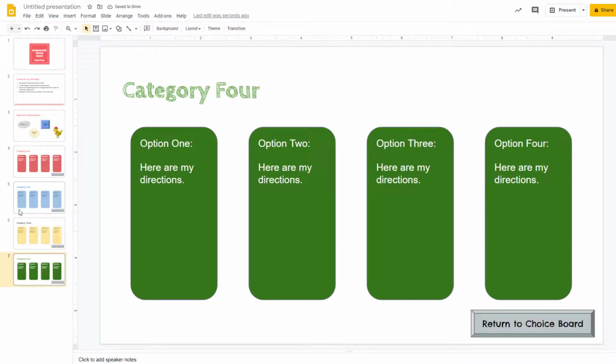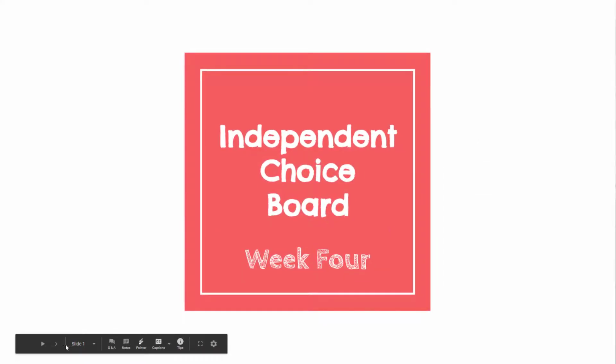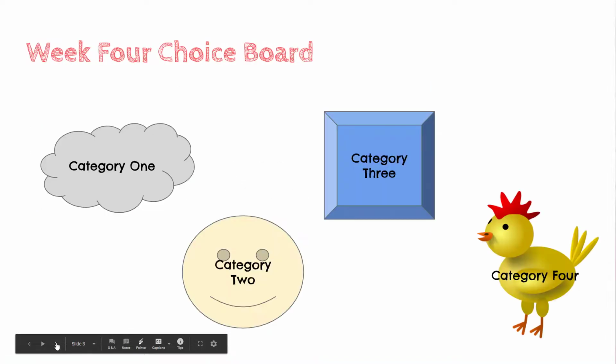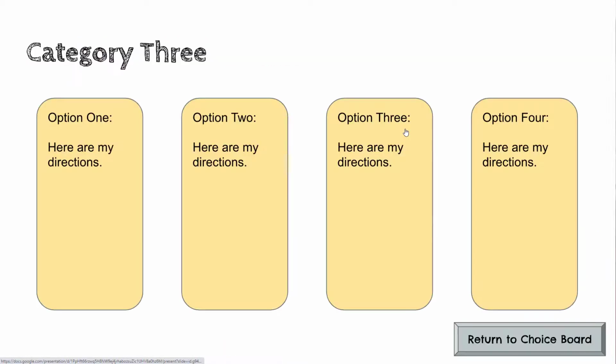So now I want to kind of show you what this is going to look like when it is in present mode. So I'm going to go ahead and do a sample present so that you can see it. So the student clicks next, they read the directions, they click next, and now they have their choice board. So if I want to choose from category 3, I'll click category 3.